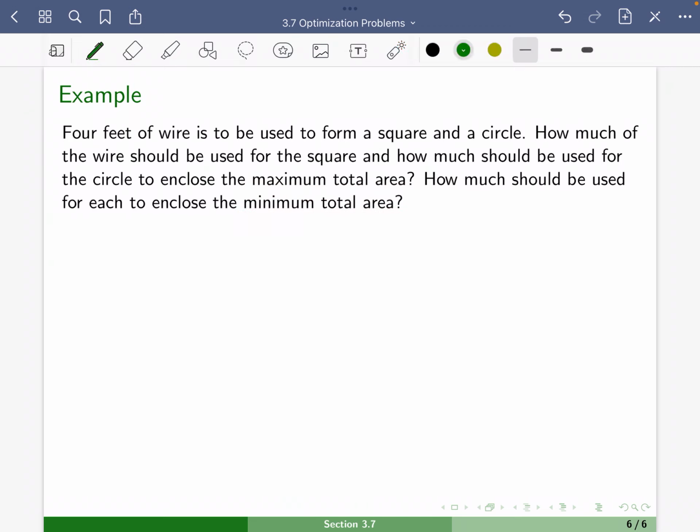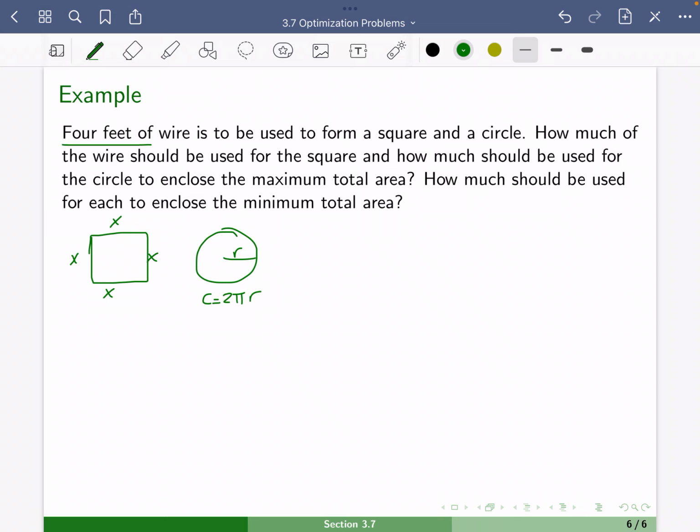So here we're going to have a square, and we have a circle. Let's call the dimensions of the square x by x by x by x. This circle, if it has radius r, then the circumference of that circle is 2 pi r.